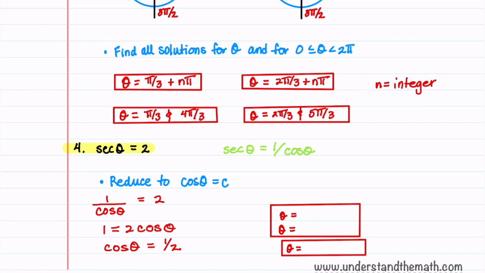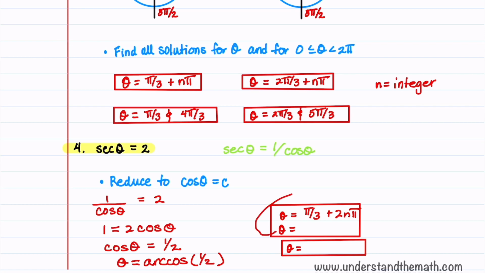We notice that cosine is positive, so our solution is going to be in quadrant 1 or quadrant 4. We know that the reference angle is theta is equal to arc cosine of 1/2, and that is going to be pi over 3. So our solution is going to be pi over 3 plus 2n pi.